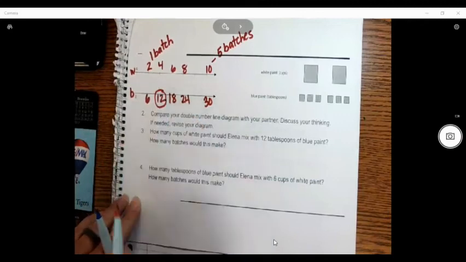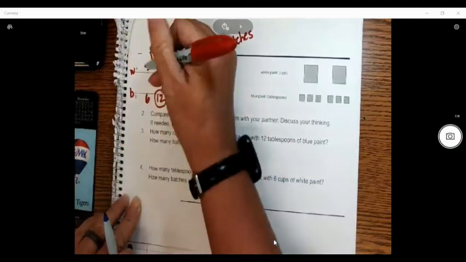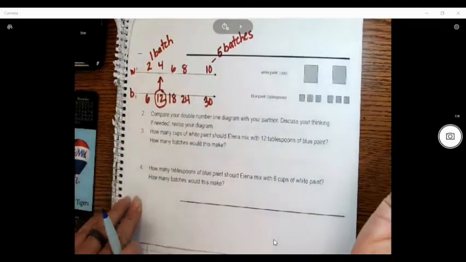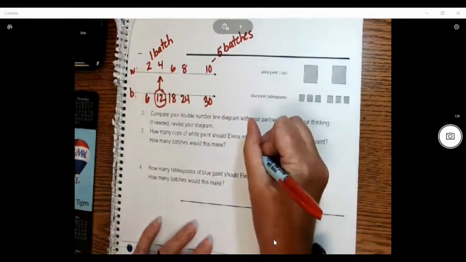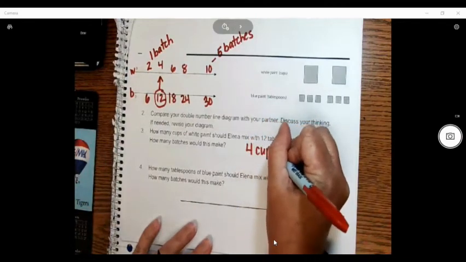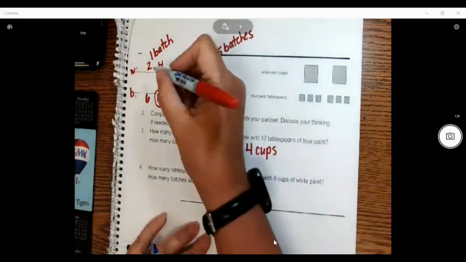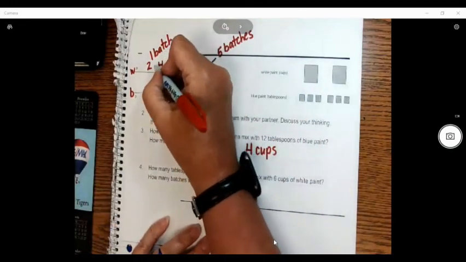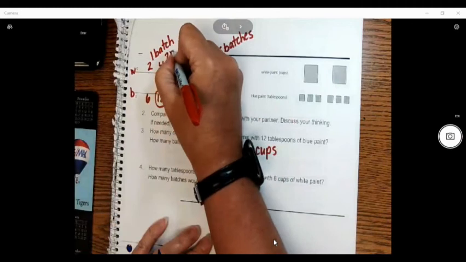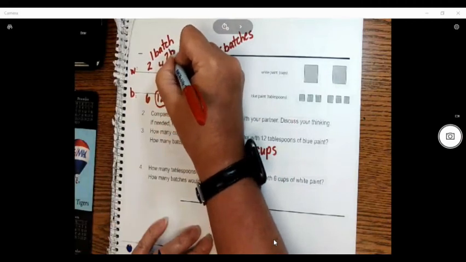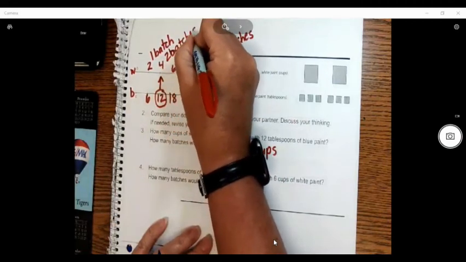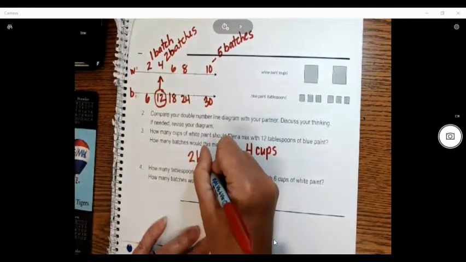That's right here. And how much white? Well, we can just go right here. That would be 4 cups. And we said that, hey, if this was one batch, if you times it by 2, this would be 2 batches. So this is 2 batches, and we write that down.